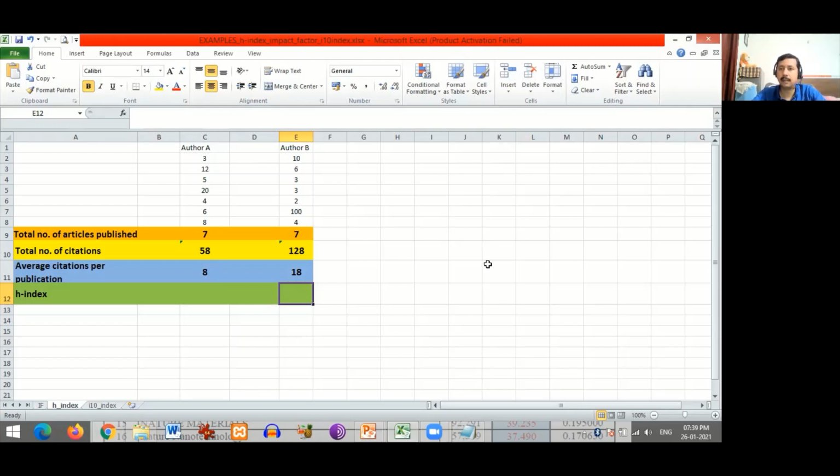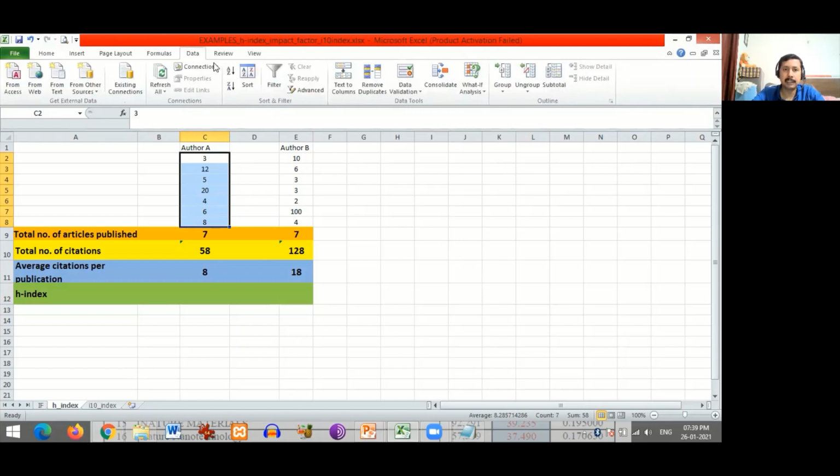Let's do this. First, arrange the number of citations in the descending order, that is from the higher number to the lower number. Let me sort it in the descending order. I have sorted it in the descending order.